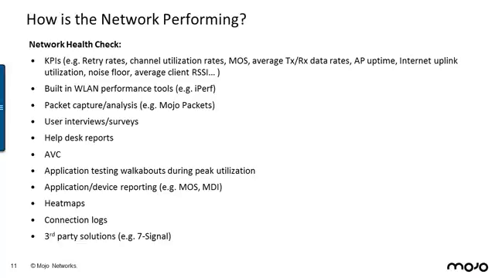Our APs can do the packet capture without interrupting the service, right? So it's not service impacting. You can do a packet capture, put that up into Mojo Packets, and take a look at key performance indicators there, and the health of the conversations between the clients and the APs.